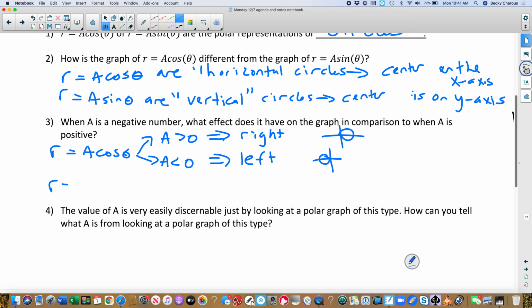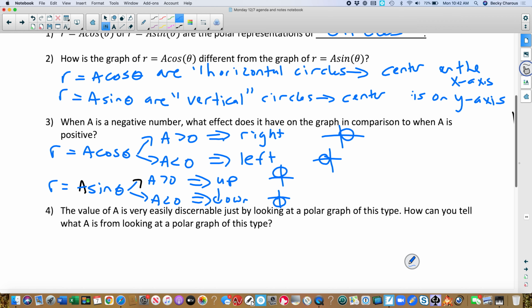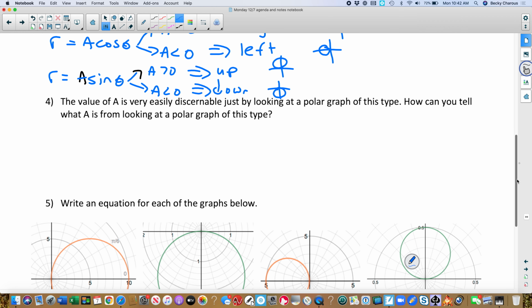And we'll do the same thing for r equals a sine theta. If a is positive, it's going to be up, and if a is negative, it's going to be down. And then I'll make a little sketch, so it's something like that, or like that.